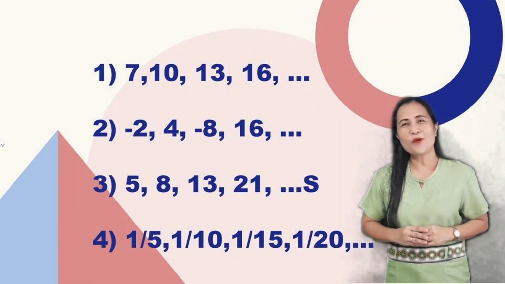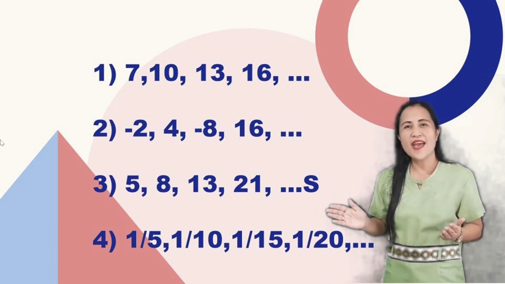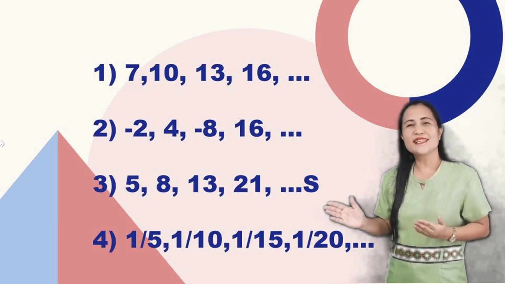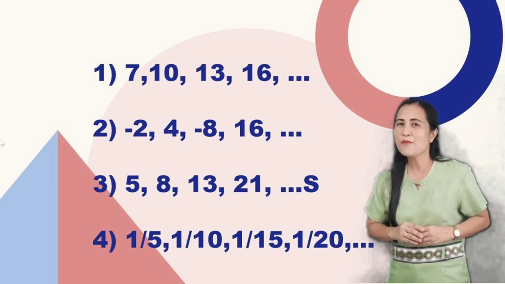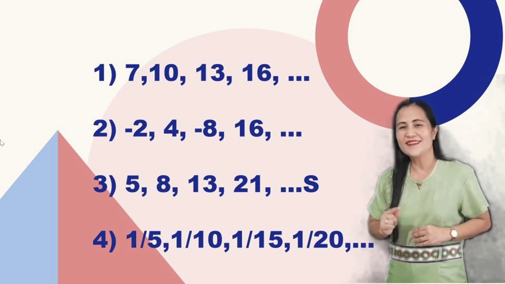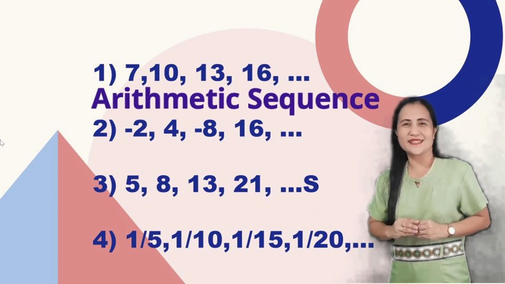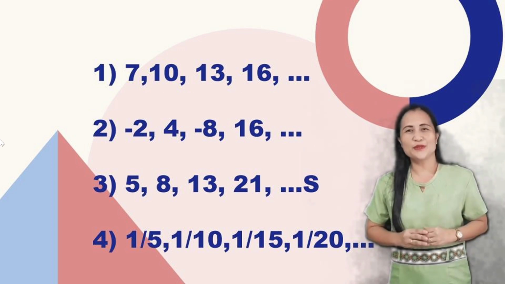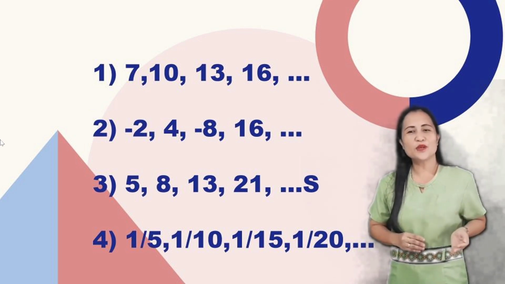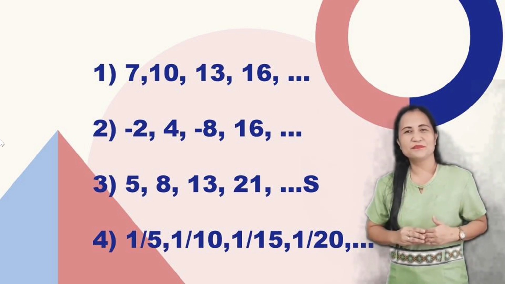Let's start. Number 1. The sequence given is 7, 10, 13, 16. What type of sequence is that? You're correct. That is an arithmetic sequence. How about number 2? We have negative 2, 4, negative 8, 16. That is?